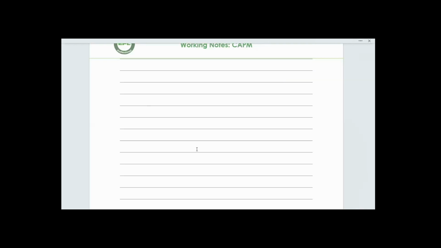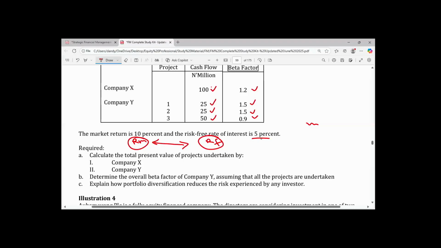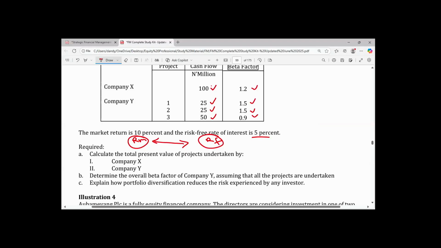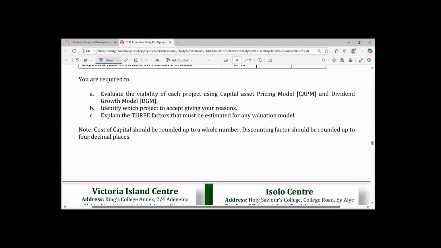Then how do you compute your alpha? So quickly, let me stop sharing this and move to the question material. Okay, we want to calculate alpha. Let me look for questions that relate to alpha value.